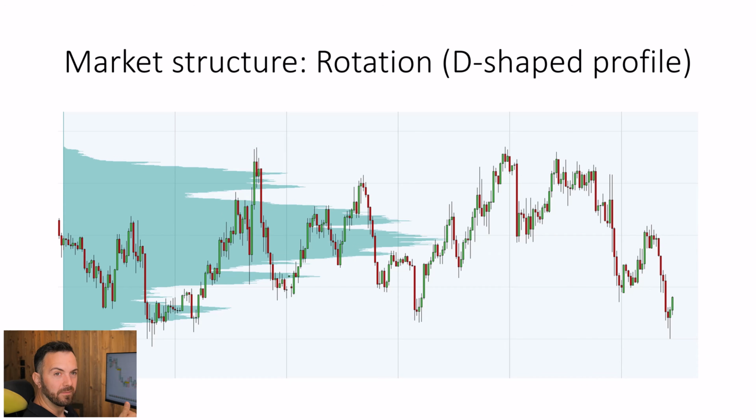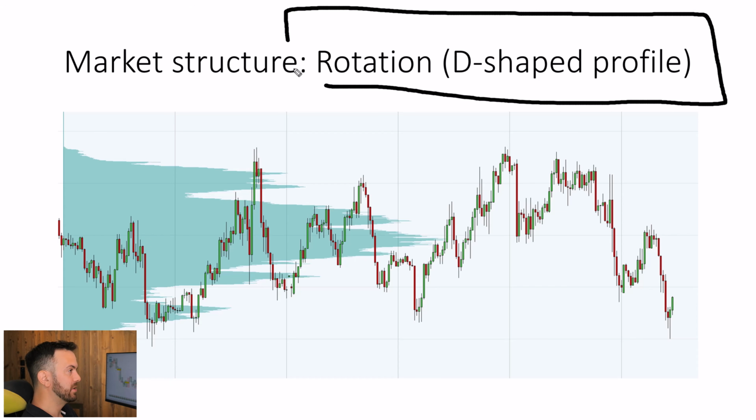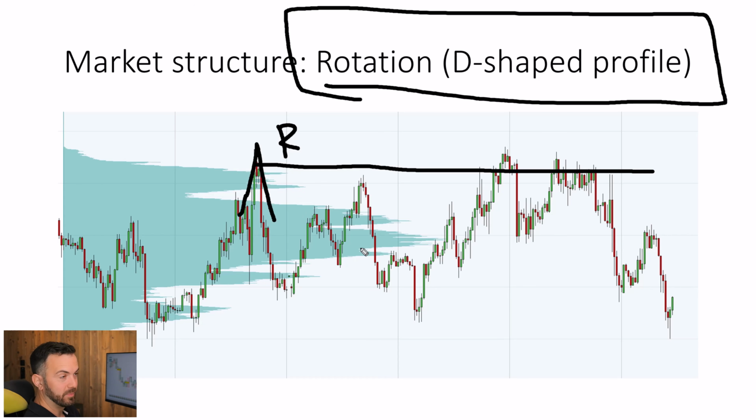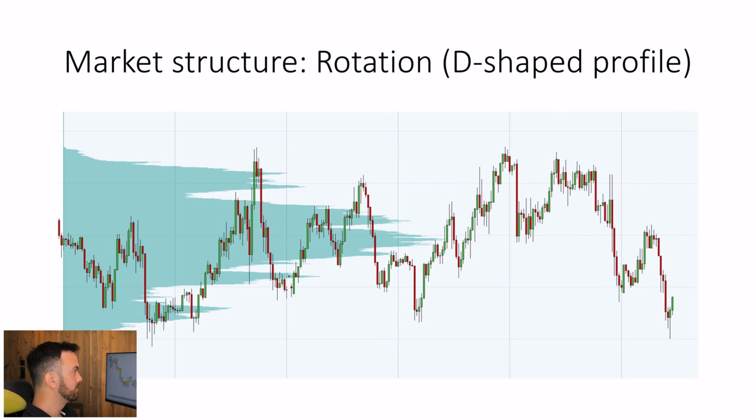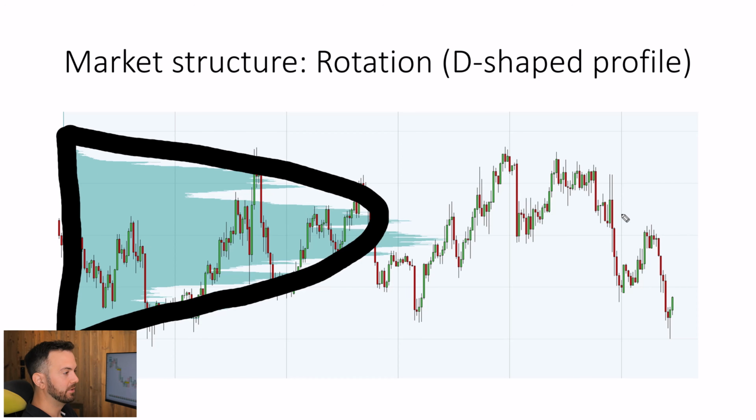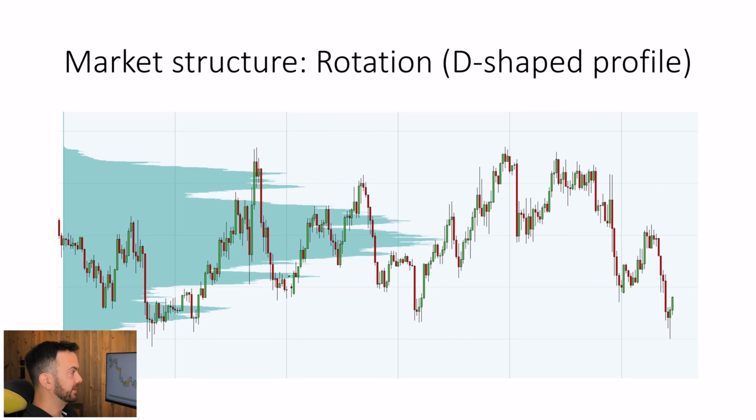Alright, so the first point from the checklist is that the market should be in a rotation, as the chances of the rejections working as support or resistance zones, in this case this would be a resistance, is simply higher, because the price tends to go back towards the center of that rotation, right? So market structure should be a rotation. And again, if you use volume profile, then it's super simple. It should be shaped as the capital letter D. Okay, so that's the first point.